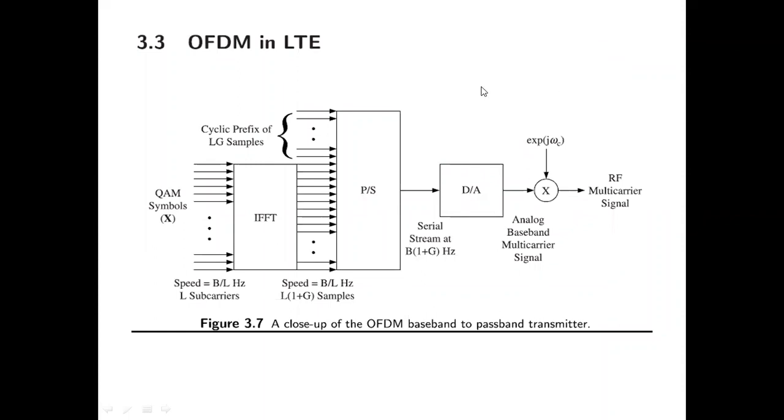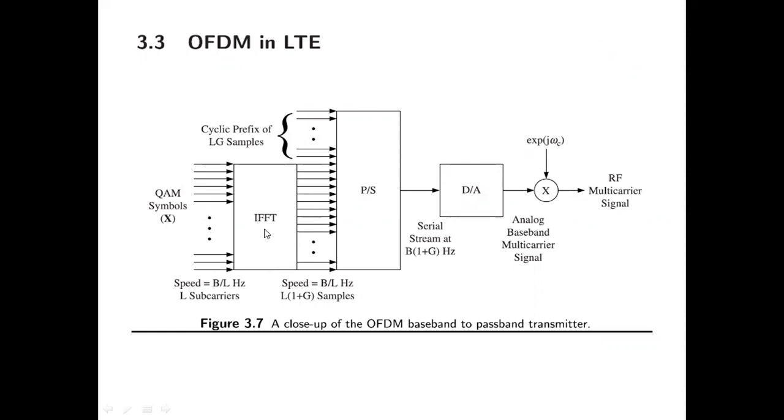We will continue the discussion on OFDM and see what things are involved. You can see we start with some X number of symbols, say with bandwidth B, and then divide it into L number of subcarriers, where L is the number of IFFT points.